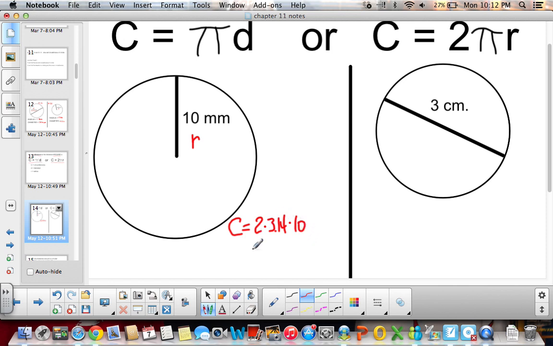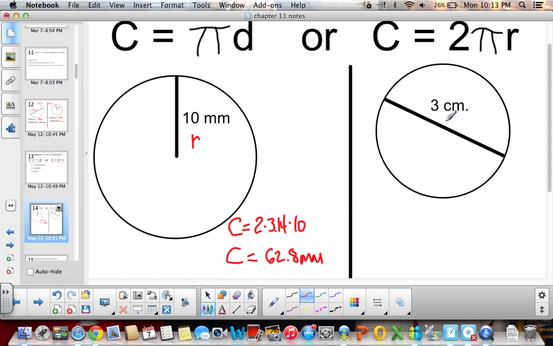I know that 10 times 2 is 20, so I'm going to go 20 times 3.14, and C equals 62.8 millimeters. And we leave it, we don't square it, because since circumference is kind of like perimeter, it's just the units alone, not units squared or cubed or anything like that.